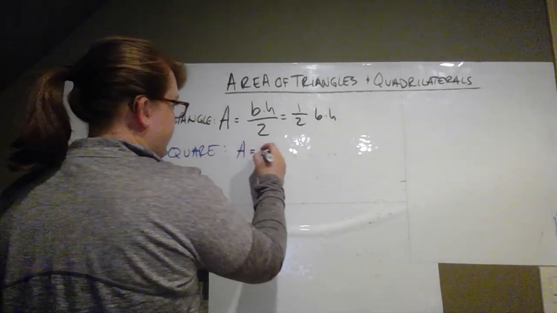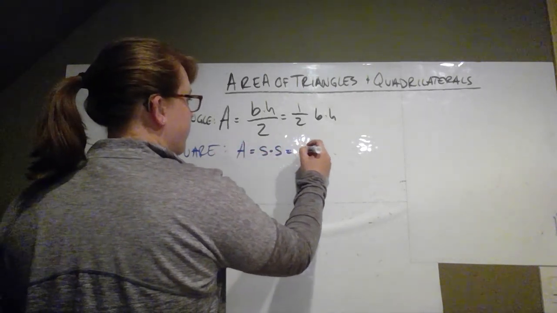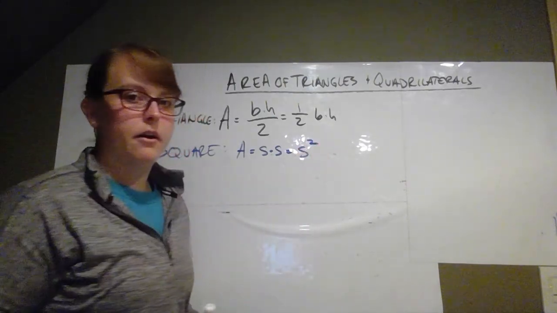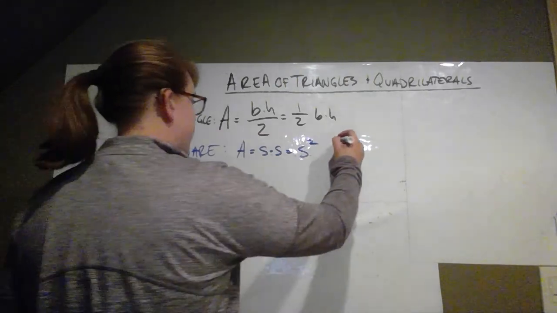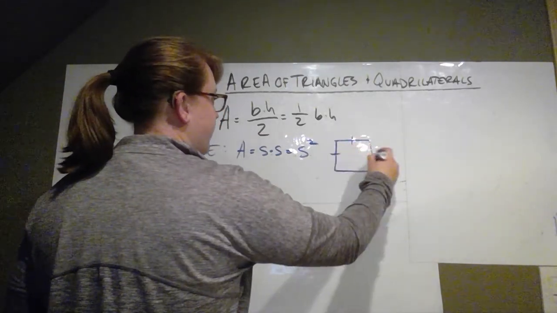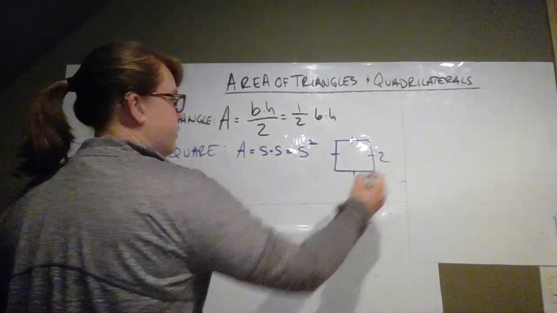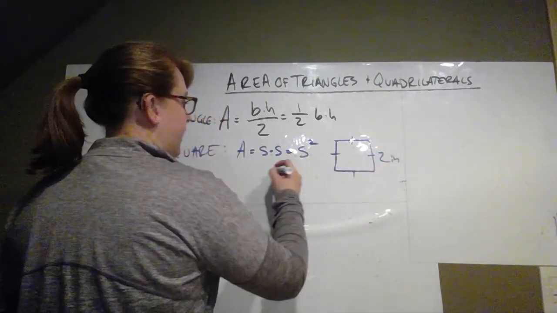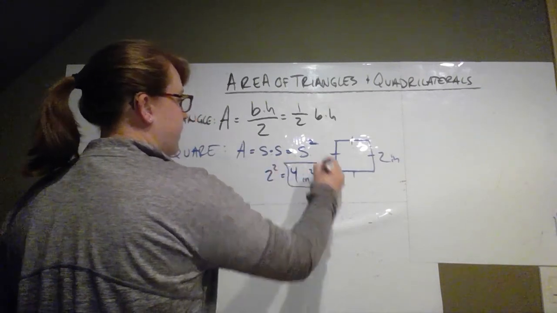Area for a square is just the side length times the side length, or the side length squared. This one hopefully is fairly simple for us. We might even remember it already. If we know this is a square and our side length is 2, we plug in 2, and 2 squared is 4, so this would be 4 square inches.